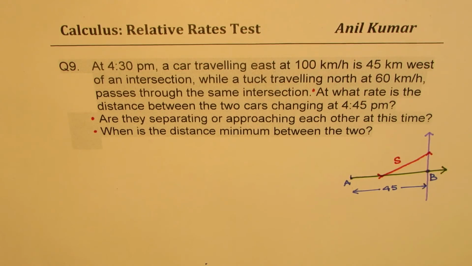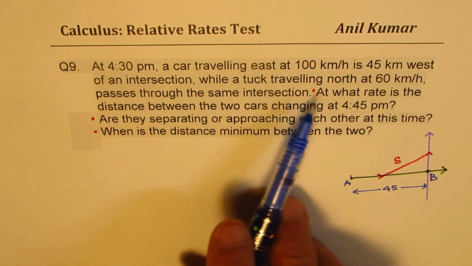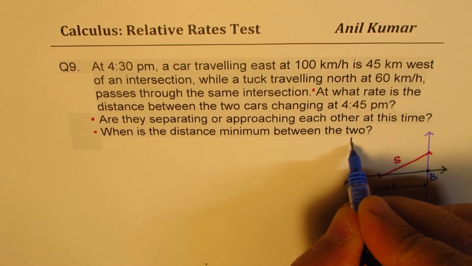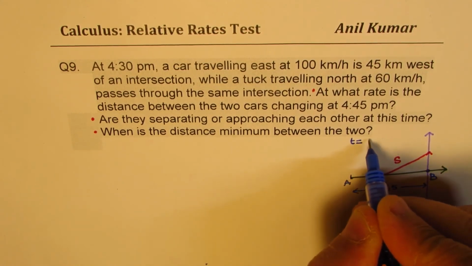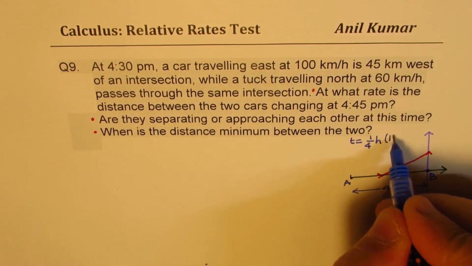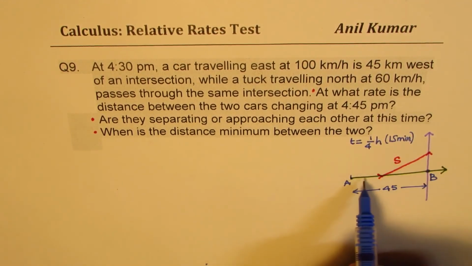Is that clear? Now we have to work for a particular scenario where the time is 15 minutes, so when t is equal to 15 minutes, which means 1/4 of an hour.